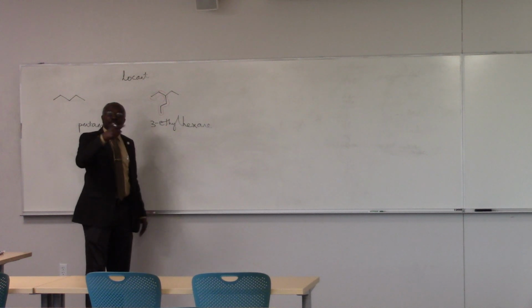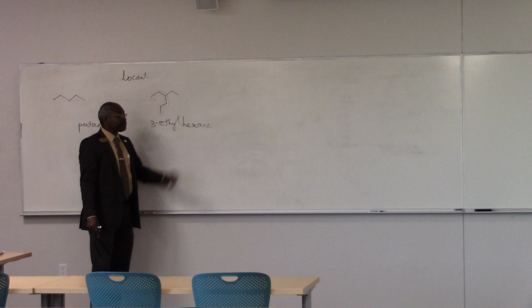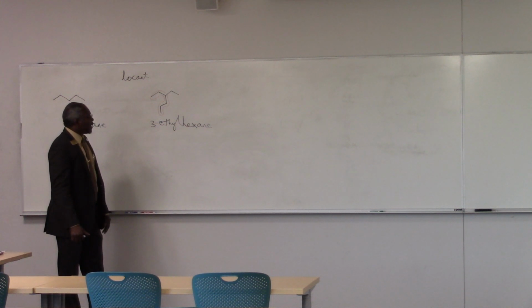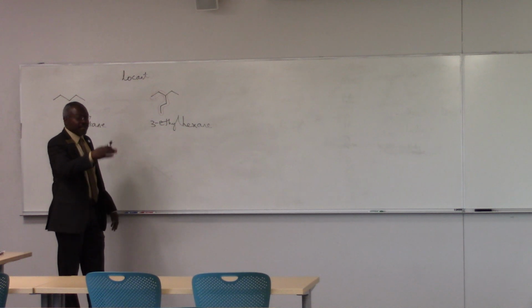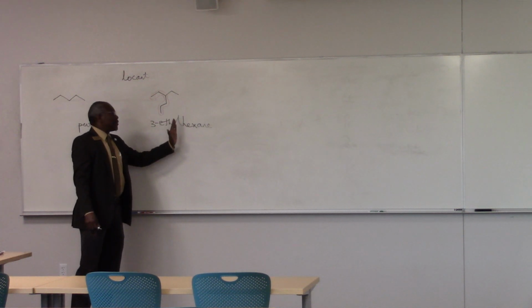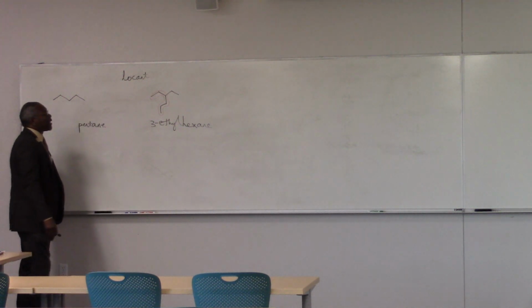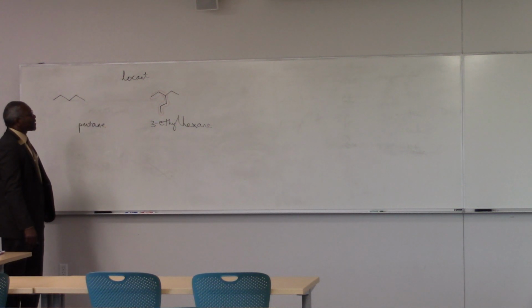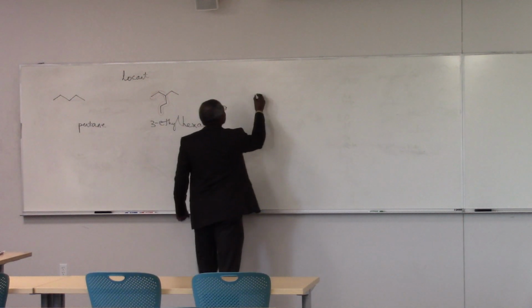If I'm writing cursive, I will combine the L with the H. But if you're writing non-cursive, you have just 3-ethylhexane, with no space between the ethyl and the hexane. So the IUPAC name for this compound would be 3-ethylhexane. What if I had this compound?